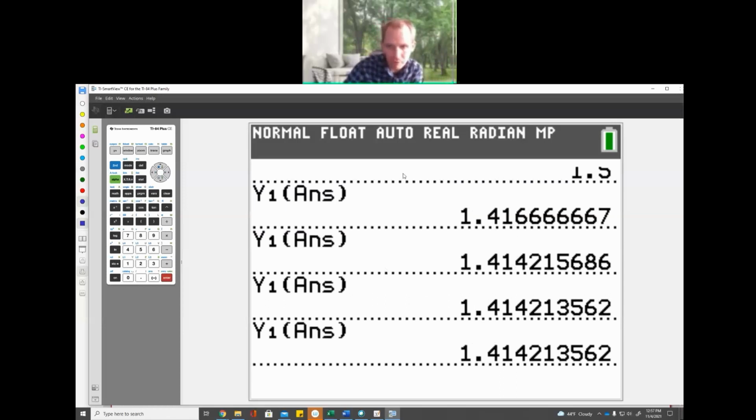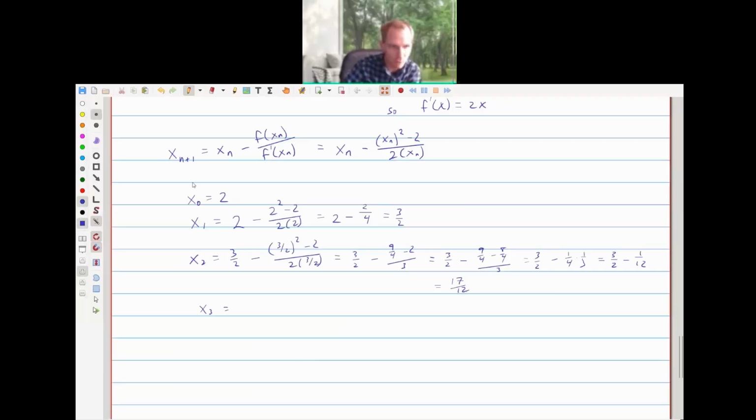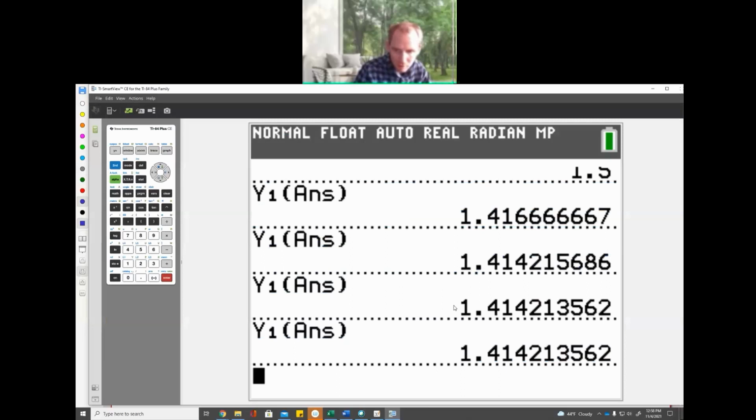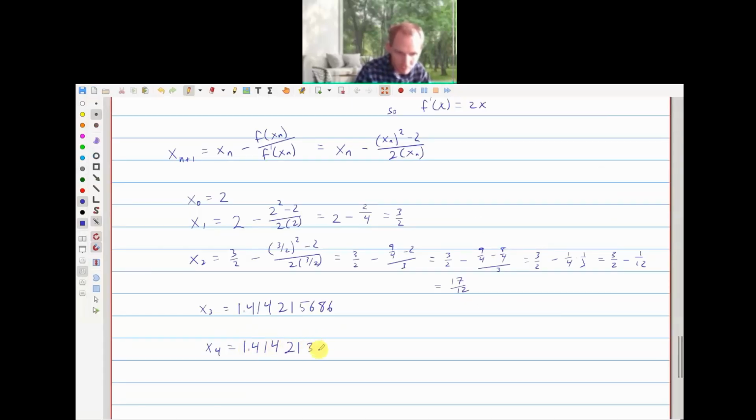So the 1.5 was our x1. Our x2 was 1.416 repeating, which is 17/12. So our x3 is 1.414215686. x4 is 1.414213562. And since the next guess is the same thing, we're not getting any more decimals of accuracy.